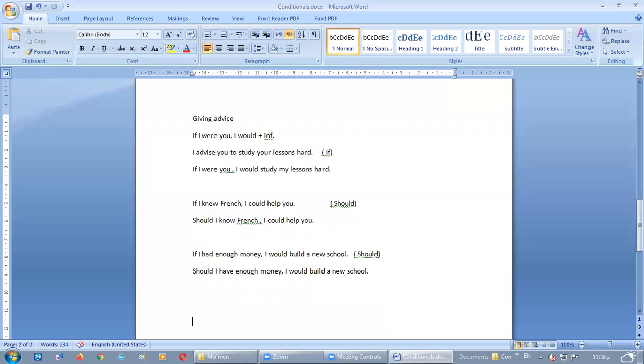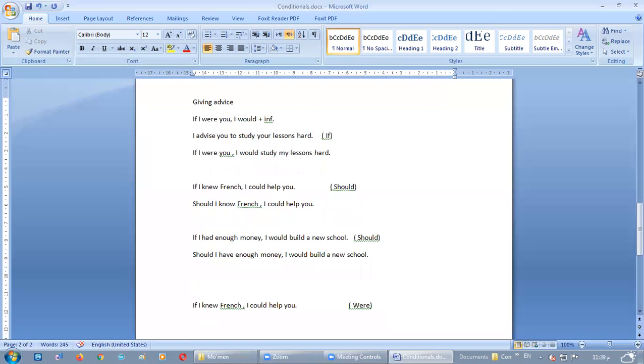Another word that can be used instead of if. Say, for example, if I knew French, I could help you. I'll ask you to use were, which starts with a capital letter, instead of if.